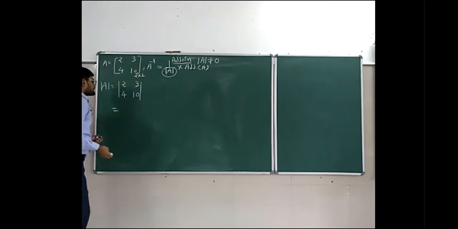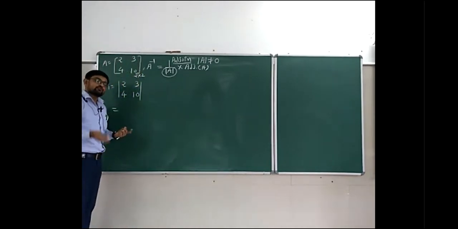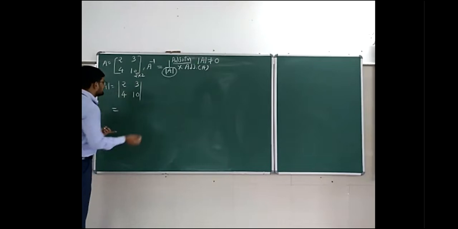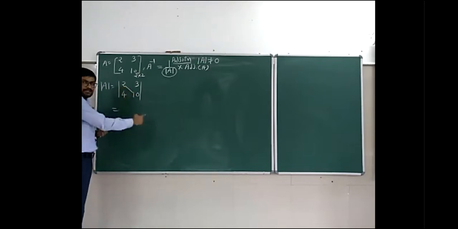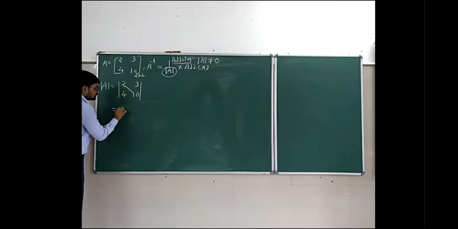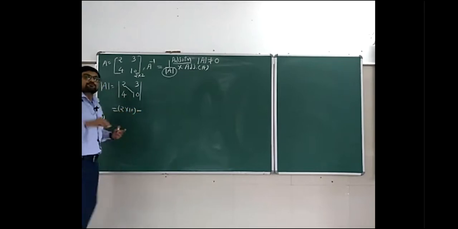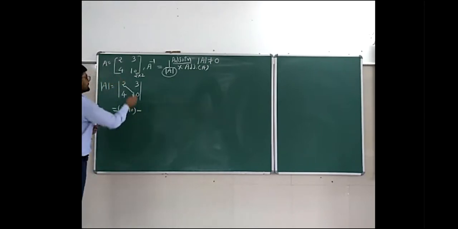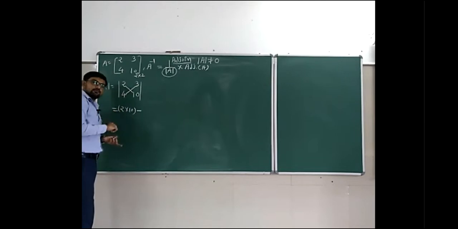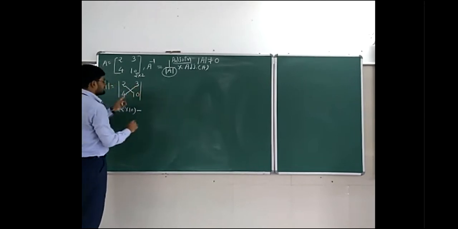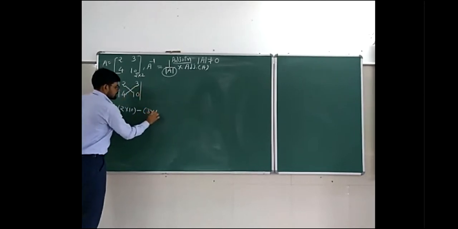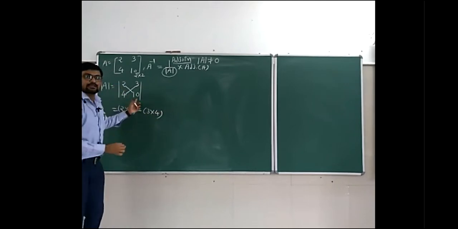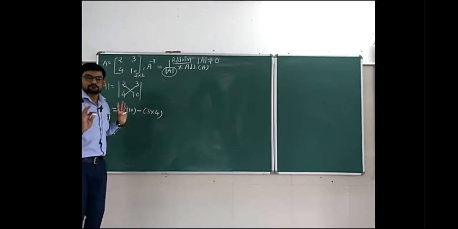So basically, the determinant for a 2 by 2 matrix we can find very easily. Just multiply the diagonal elements, that is 2 into 10. Then use a minus sign in between and multiply the other diagonal elements, that is 3 and 4. This is the principal diagonal and this is the other diagonal.